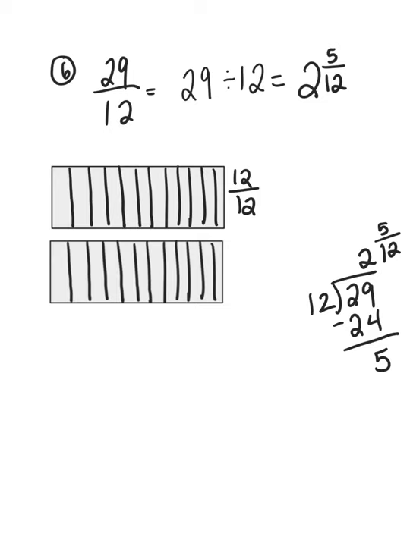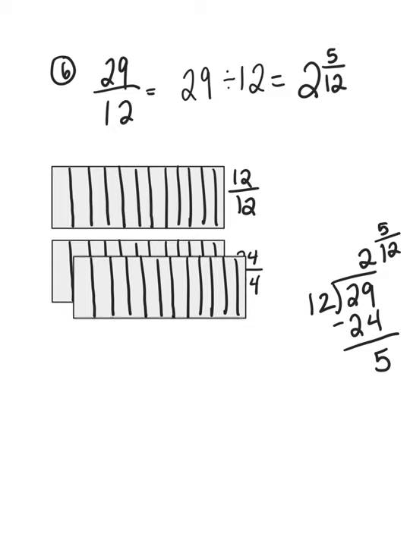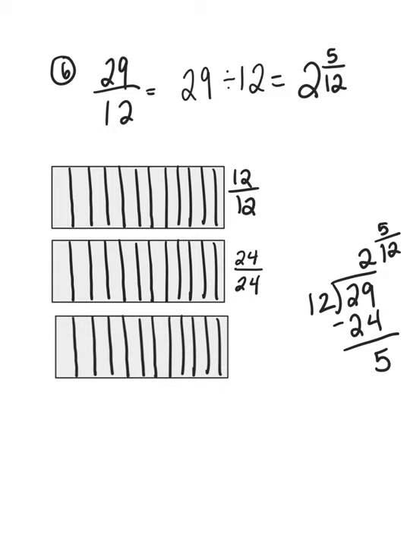And here's another 12/12. That gets me up to 24/12. Then in my third whole, I'm going to shade 25/12, 26/12, 27/12, 28/12, and 29/12.